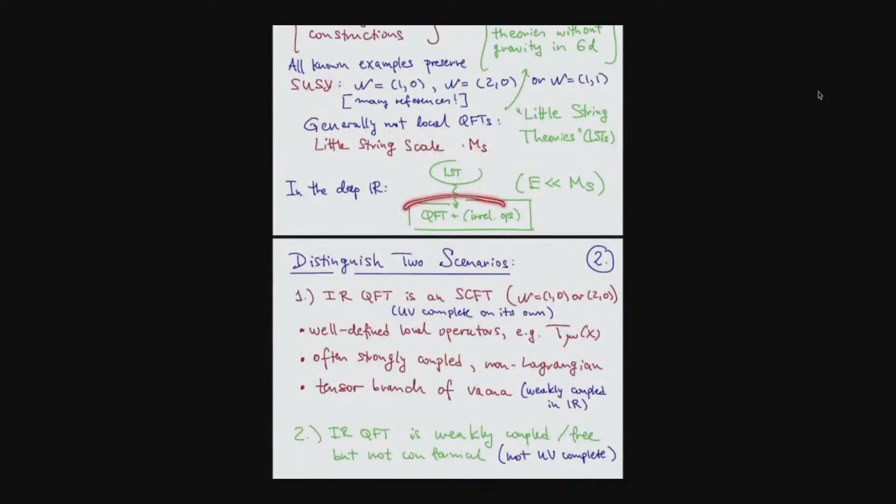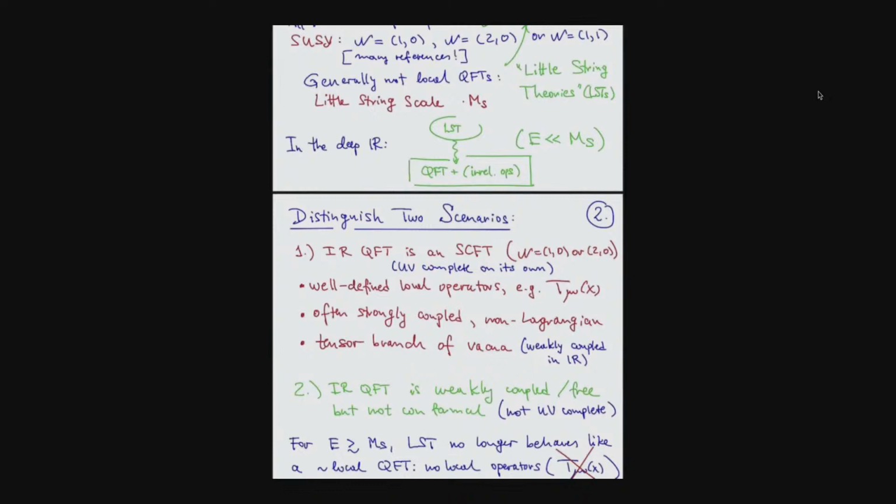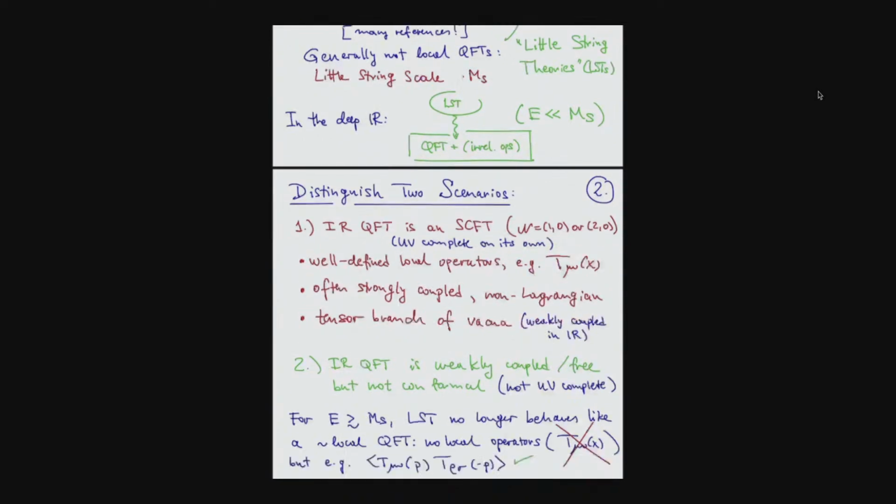And we can distinguish 2 scenarios depending a little bit on what this low energy effective field theory looks like at long distances. One option is that the long distance physics is characterized by a superconformal field theory, in other words, by a genuine fixed point of the renormalization group, in which case the supersymmetry must necessarily be of type (1,0) or (2,0). This is something one can show.